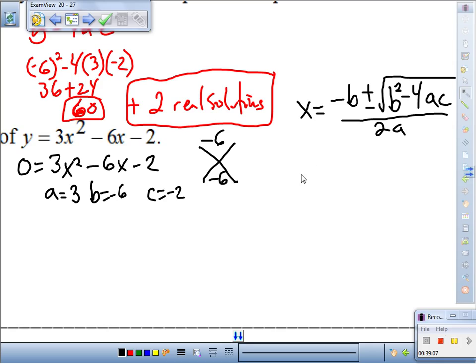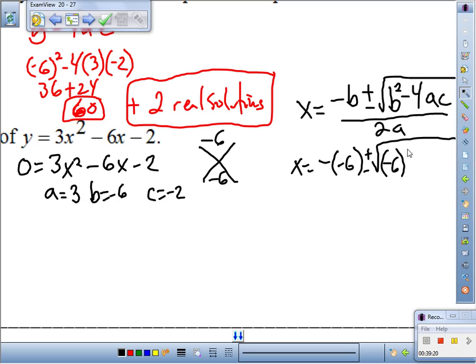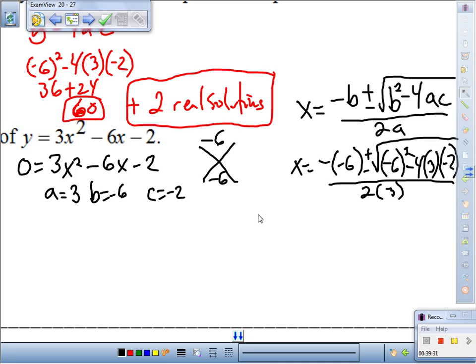So let's substitute values. X equals negative parentheses negative 6 plus minus square root parentheses negative 6 squared minus 4 times 3 times negative 2 over 2 times 3.